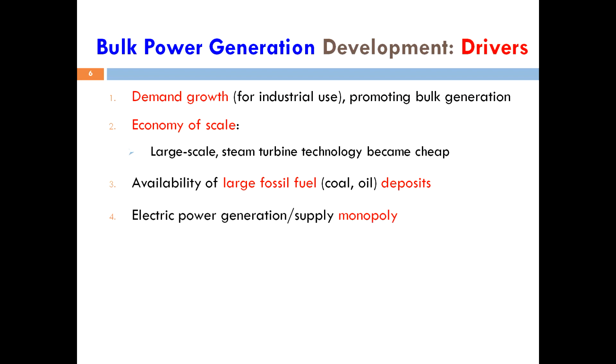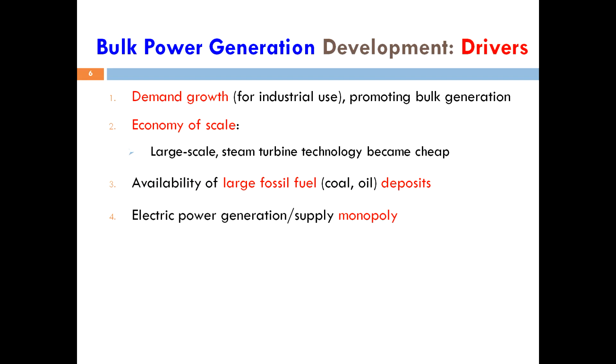Then naturally, as a result of this, there was a development of monopolies. Basically, large companies developed electricity generation and supply companies, and in order to consolidate the monopoly, they just grew larger and larger until we got to a stage where we are at the moment, where electricity generation and supply is mostly run by very large companies.